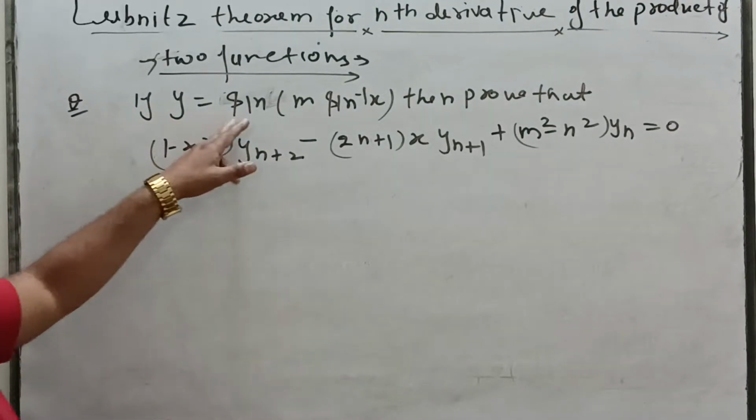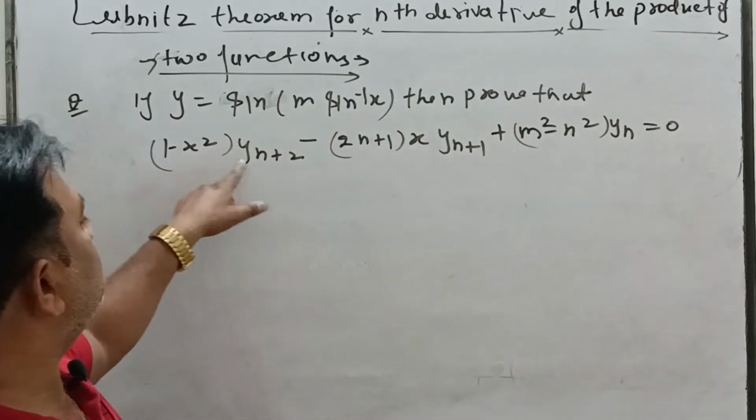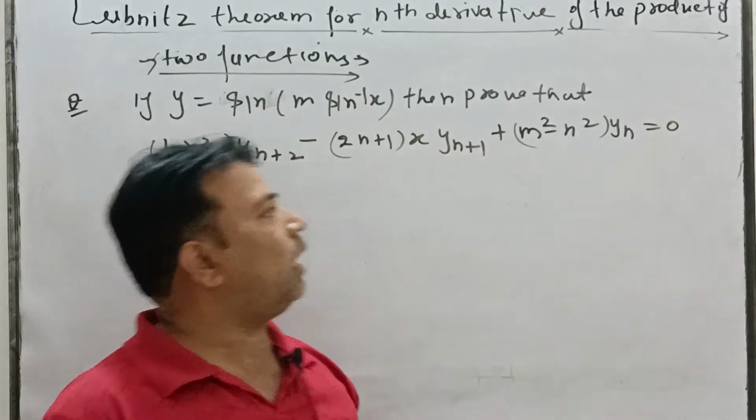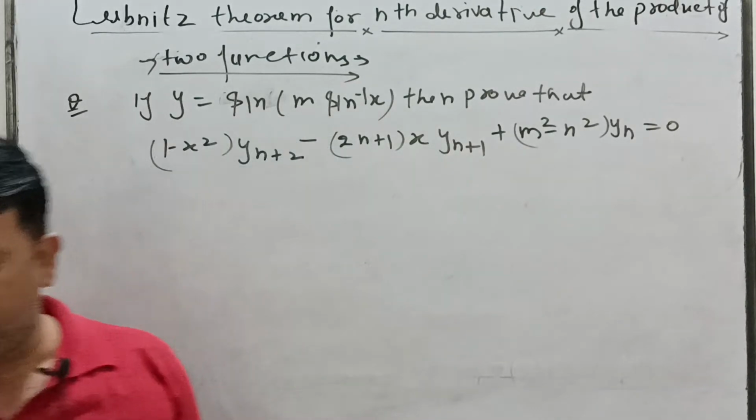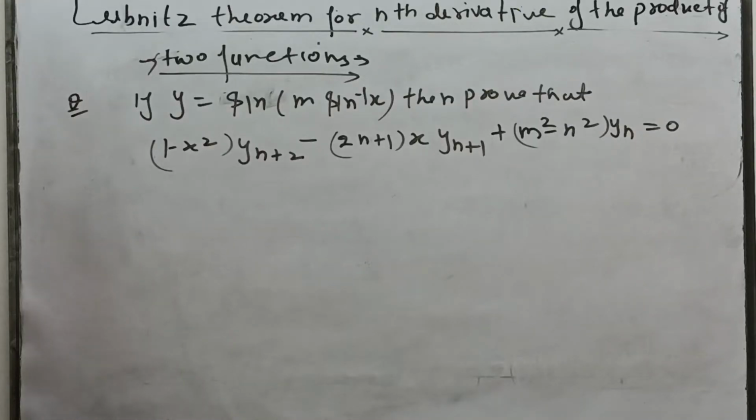If y equals sin(m sin inverse x), then prove that (1 minus x square) y_{n+2} minus (2n plus 1) x y_{n+1} plus (m square minus n square) y_n equals 0. You know about the Leibniz theorem.